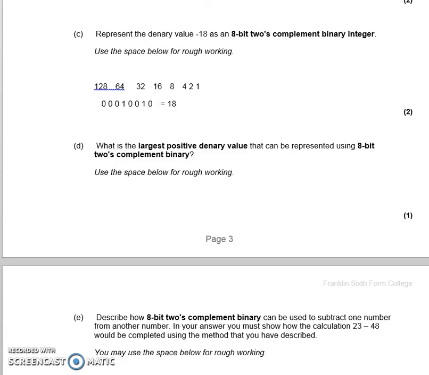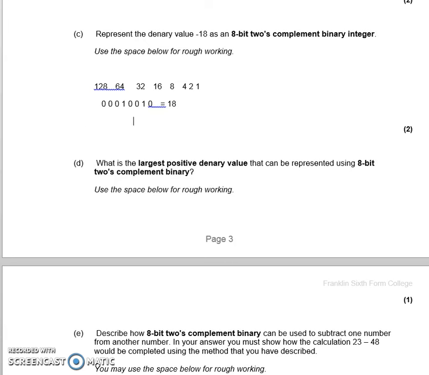To get this into 2's complement, up to and including the first one, we leave as is, and the rest we flip. Up to and including the first one from the right hand side, keep as is, and then flip the rest. That therefore equals minus 18.